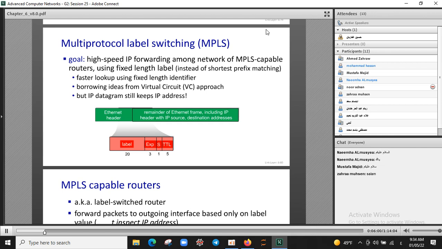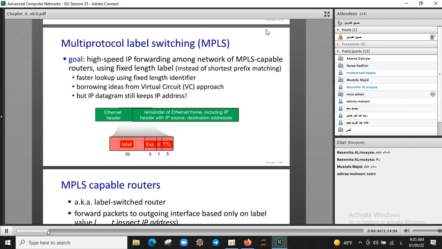So MPLS has great scalability, such as IP, and it has good switching speed because of its label switching or switching capacity on layer 2. So we are proposing something new. What does it mean? What is the difference? Still, I don't know what that is. So we need to discuss MPLS more deeply.